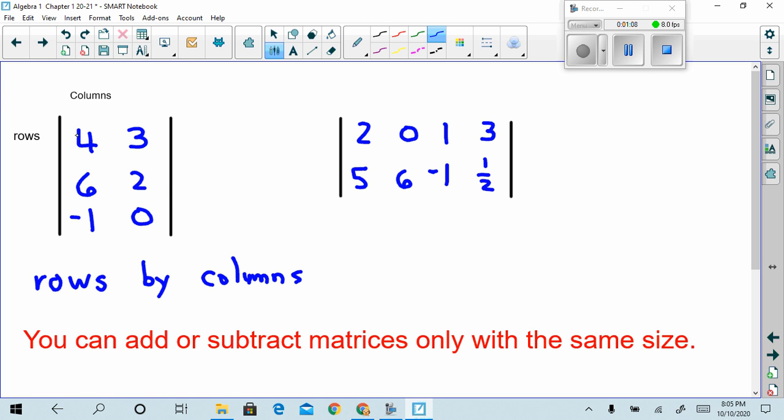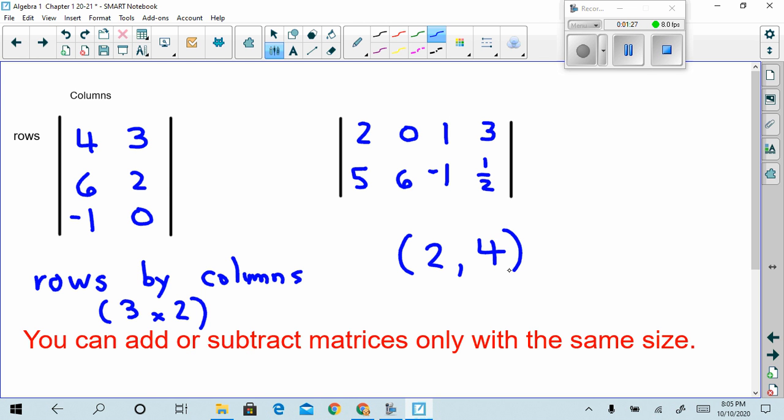So this is now 1, 2, 3 rows by 2 columns. So that's going to be a 3 by 2. My second one, we go by the rows, 2 rows by 1, 2, 3, 4 columns.